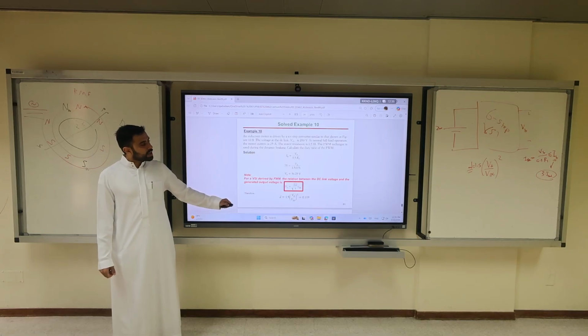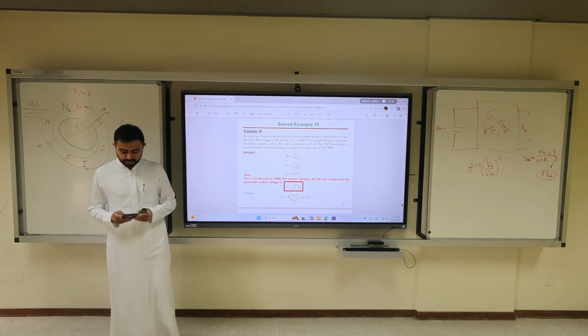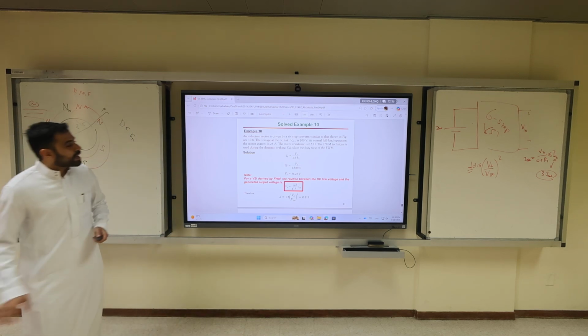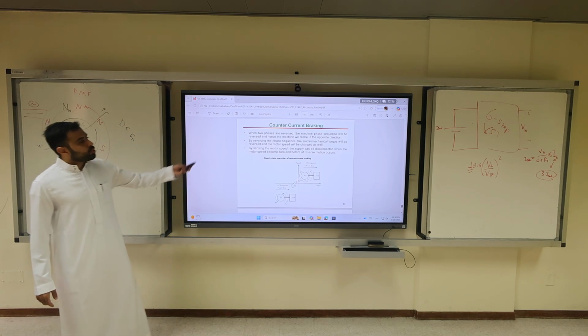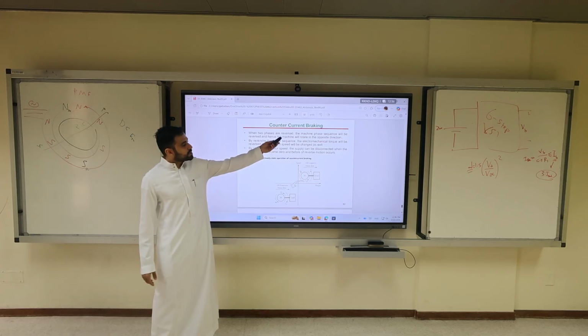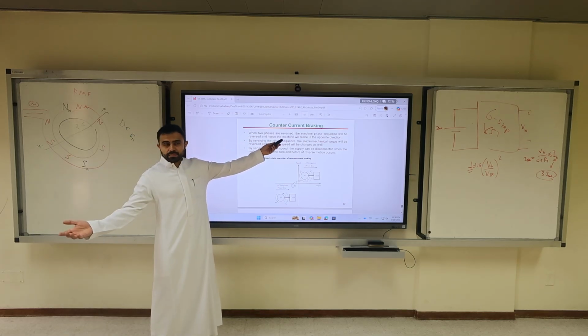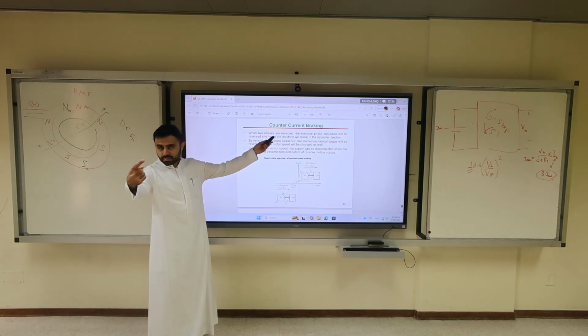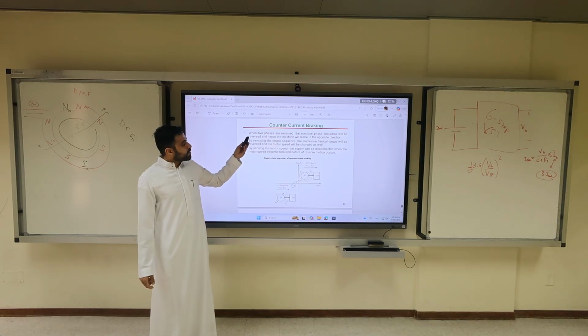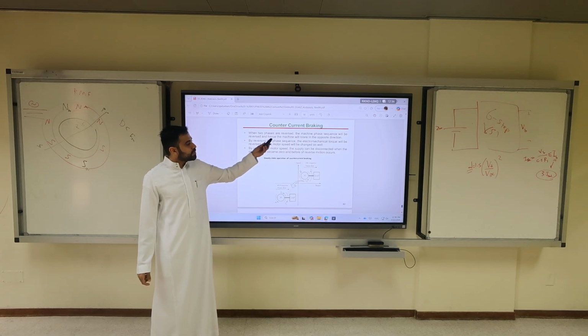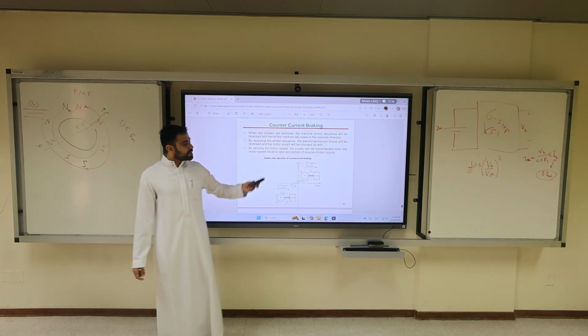For counter current braking, when 2 phases are reversed, which is the plugging mode, the phase sequence will be reversed, and hence the machine will rotate in the opposite direction.